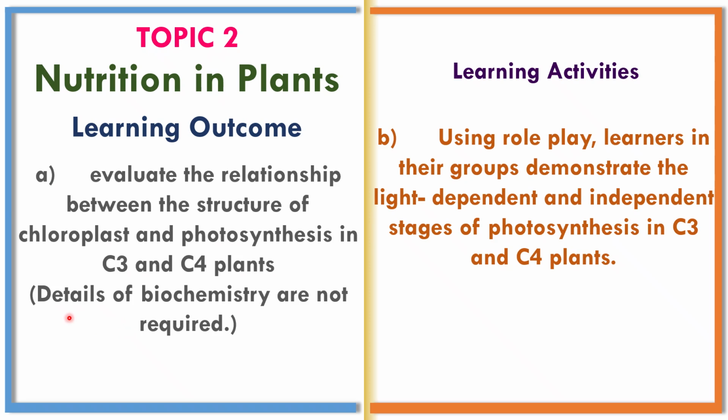We said details of biochemistry are not required. Our learning activity has been Part B. Using role play, learners in their groups demonstrate the light-dependent and independent stages of photosynthesis in C3 and C4 plants.